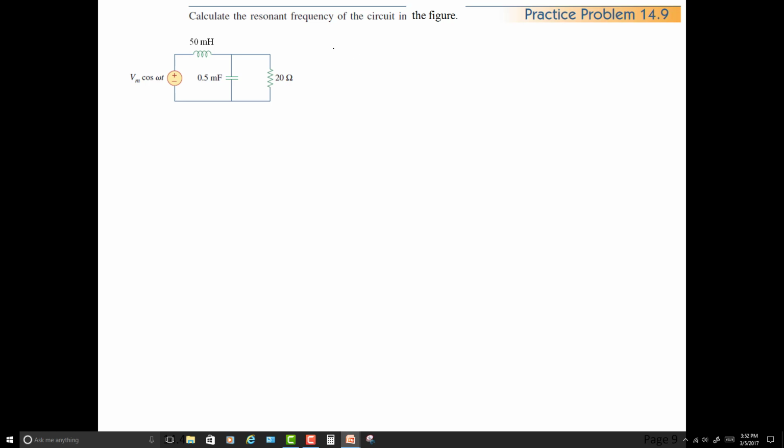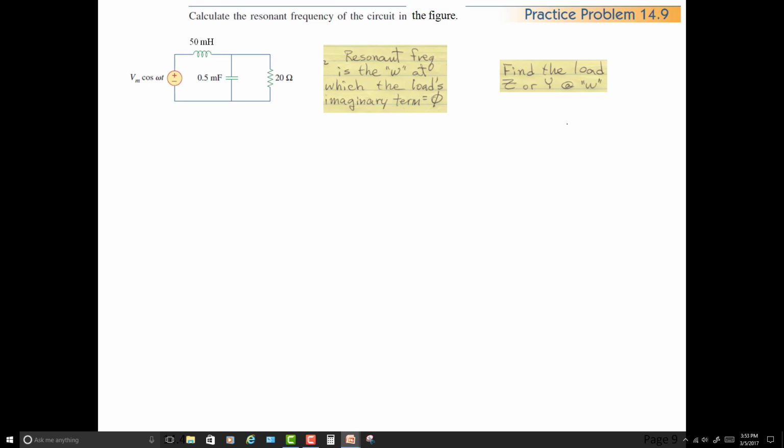So we need to decide what's the transfer function that we're going to make. The resonant frequency is at some omega in which the load's imaginary term goes to 0. Right? A couple of simple choices. We can either find the load impedance or admittance and solve it at omega.